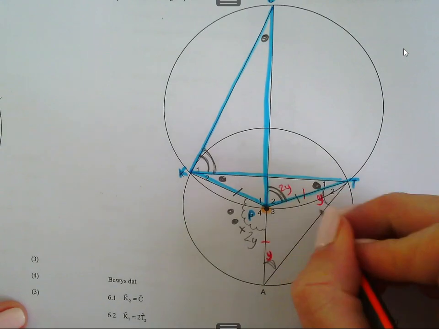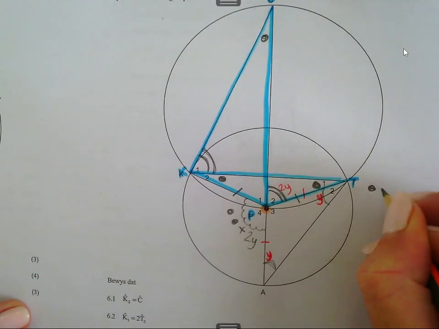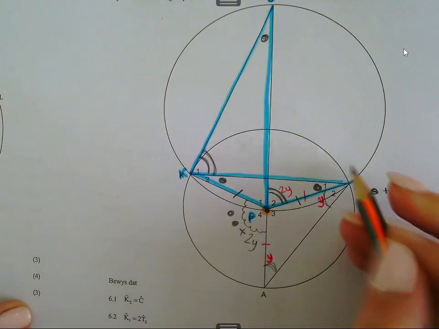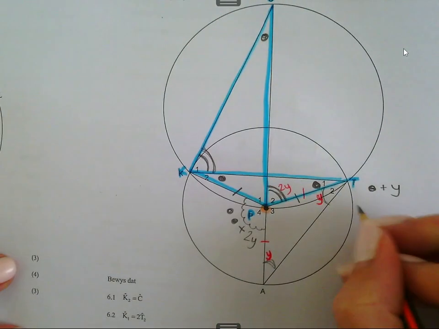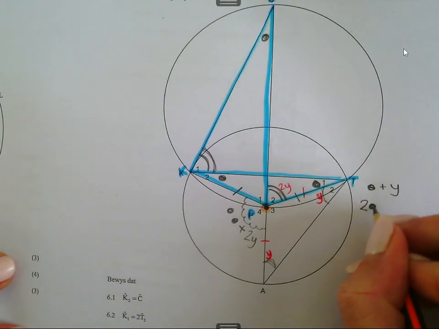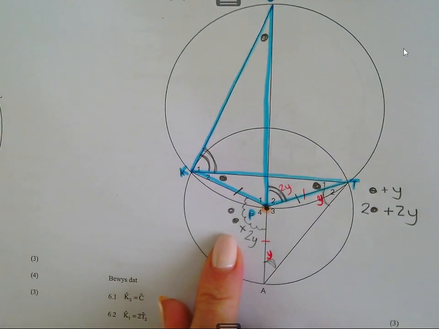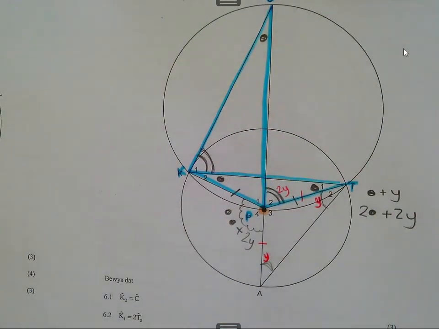So the angle at the circumference is dot plus Y, and therefore this one will be twice the size of that one. 2 times dot plus 2 times Y, and that's exactly what they had there. So that's just because of angle at the center, angle at the circumference, and that is that.